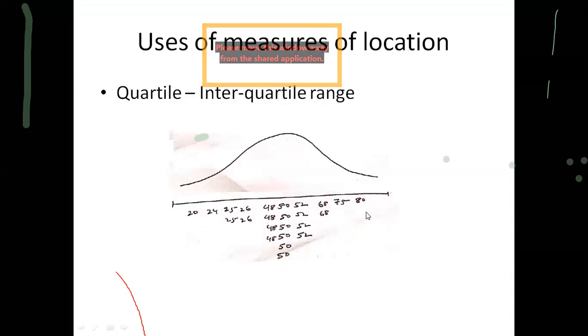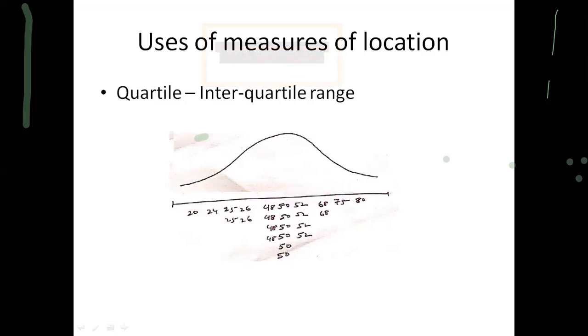If you plot a frequency distribution of this data, it will be a bell-shaped curve, so this is normally distributed data. You can use any measure of dispersion for such data, including the range, which will be 20 to 80 because the lowest observation is 20 and the highest is 80. You can also use 2 standard deviations from the mean, and you can also use the interquartile range.